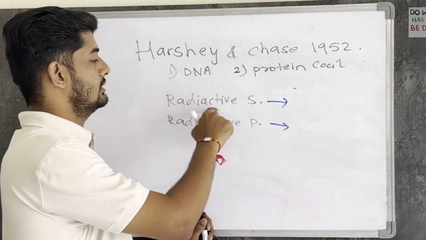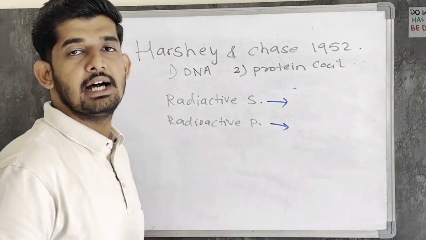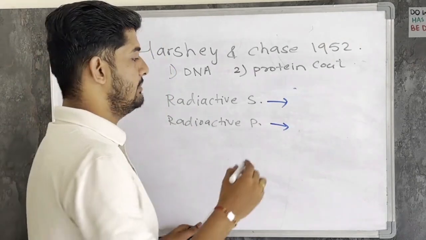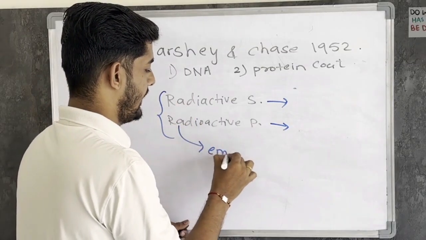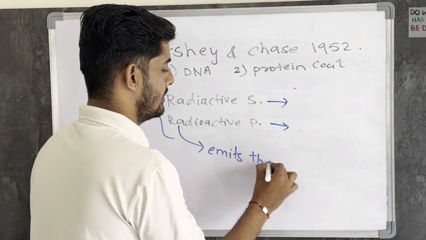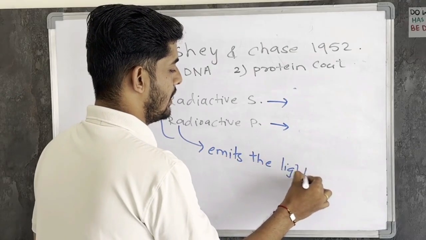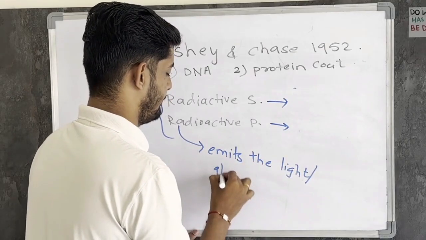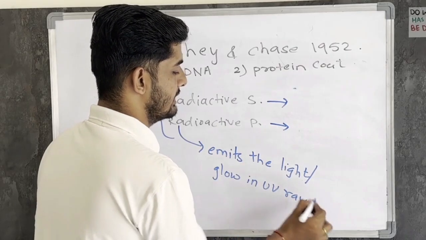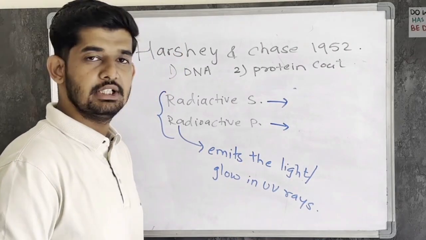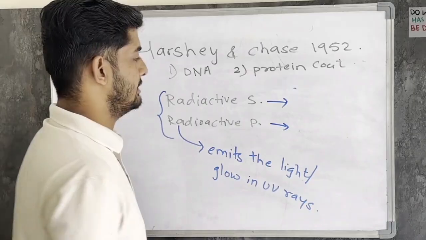So when these radioactive compounds are exposed to UV radiation, they emit light. These radioactive compounds glow in UV rays or UV light. Now we will see how they conducted the experiment.